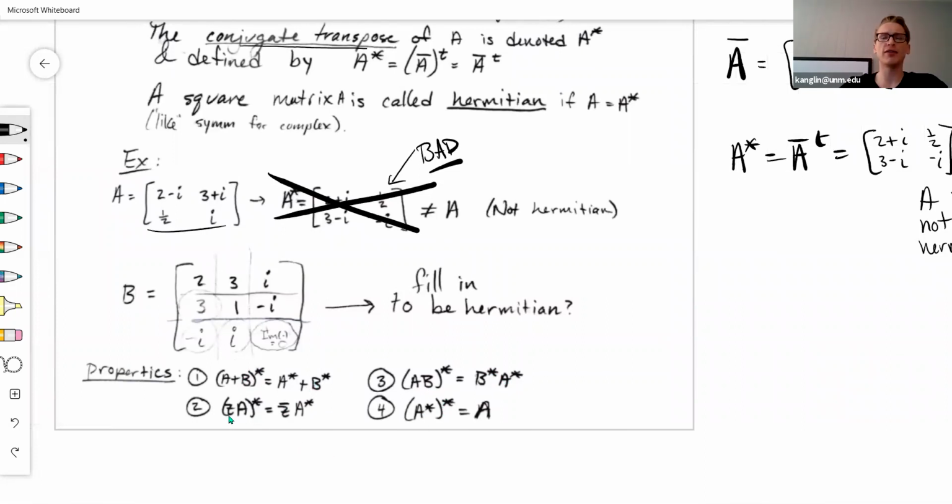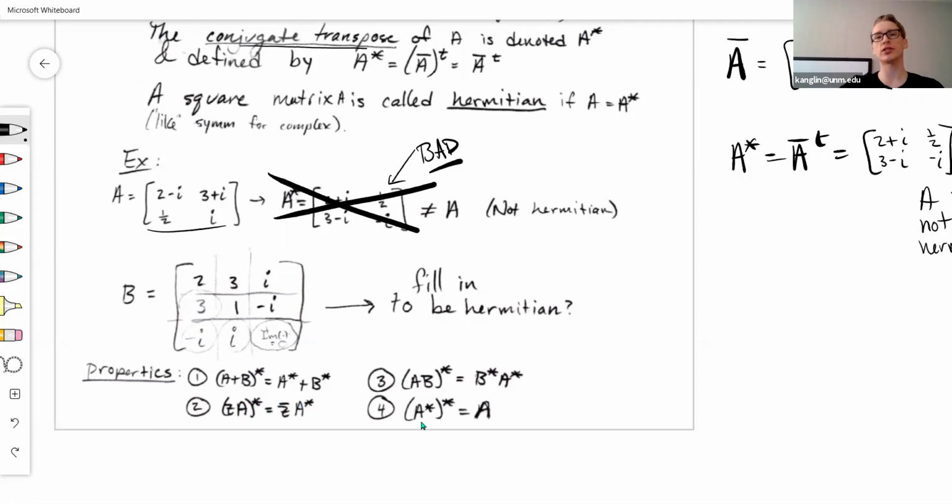If you have a complex scalar, so a non-matrix quantity z that's complex, and you multiply that on matrix A, and you want the conjugate transpose of that scalar multiple, it turns out you need to take the conjugate of z and the conjugate transpose of A. That's all you have to do.